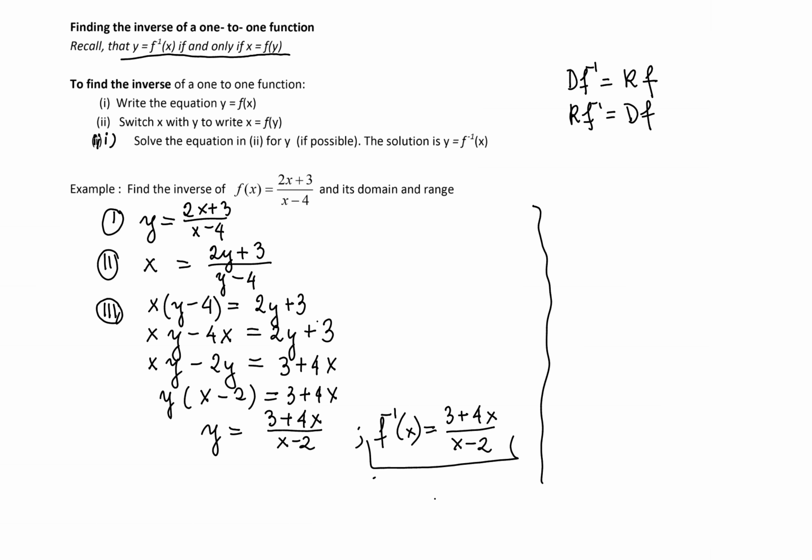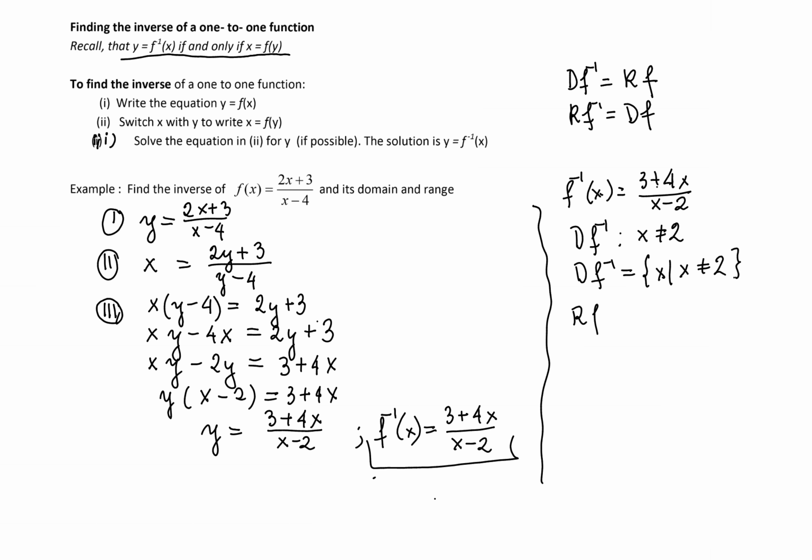So if the function f inverse is 3 plus 4x over x minus 2, the domain of that function is clearly everything except 2. So the domain of that function is the set of all x's such that x is different than 2.